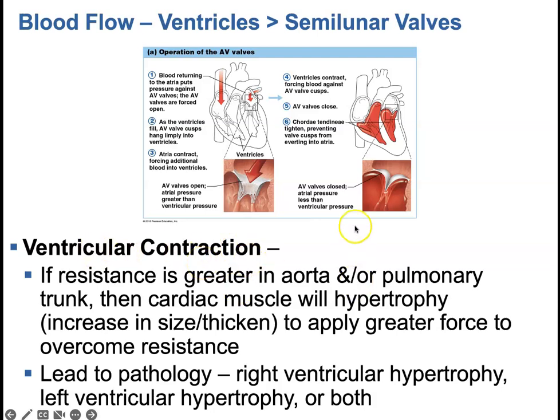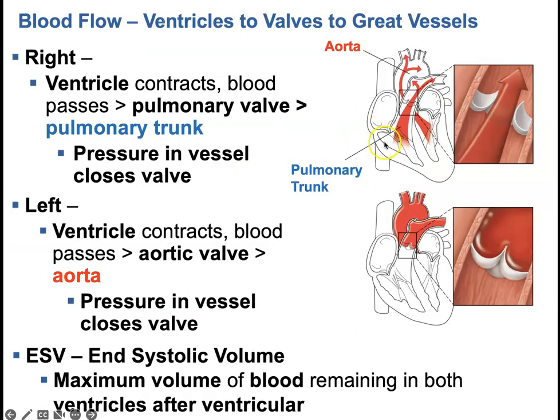And so what has to occur is if the pressure here, down in the ventricles, is not strong enough to get the blood up through the aorta and through the pulmonary trunk, the blood would remain in here. So that is why our ventricles can create so much pressure to contract and then forcefully be able to eject the blood on out.